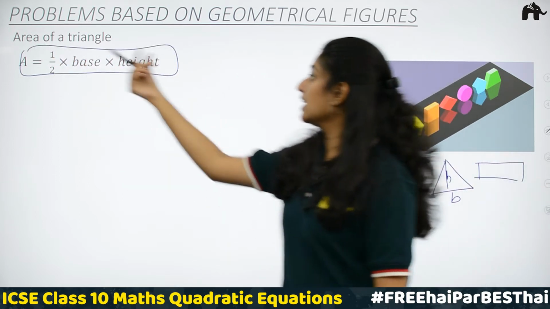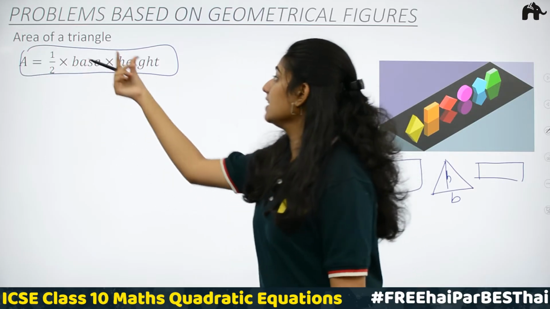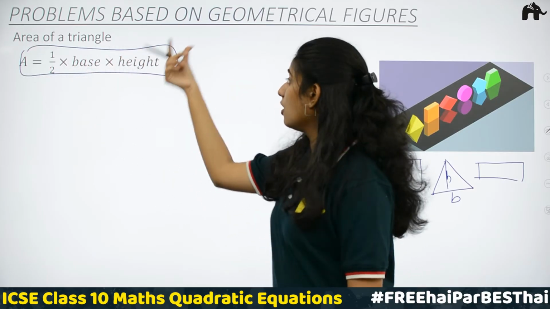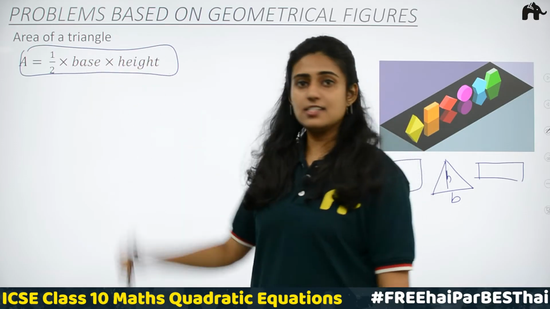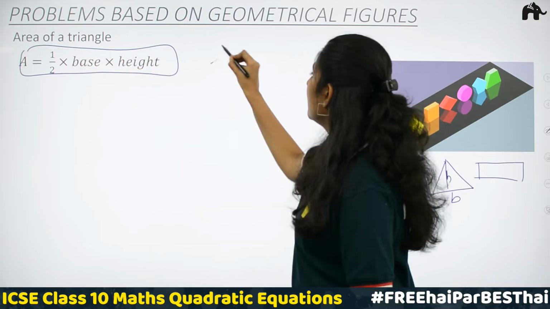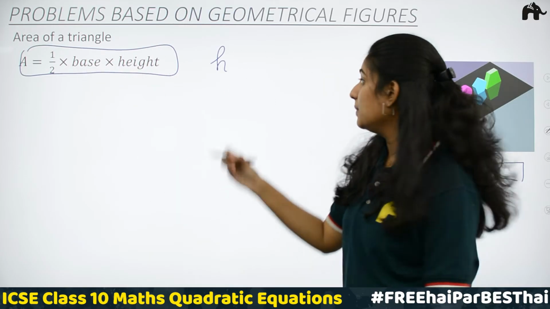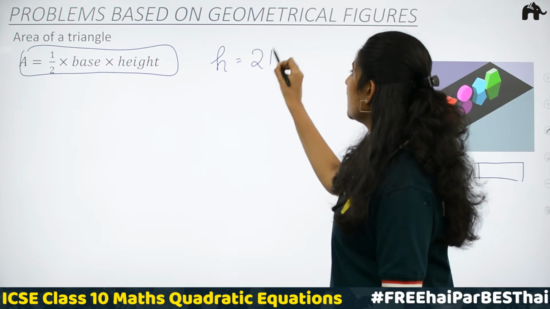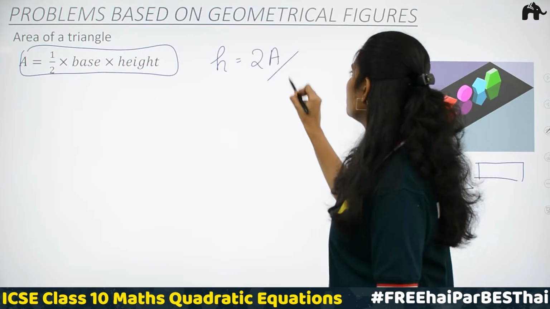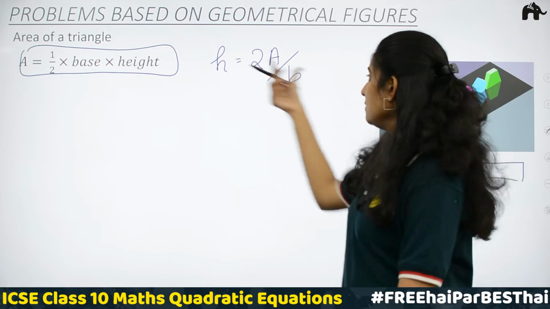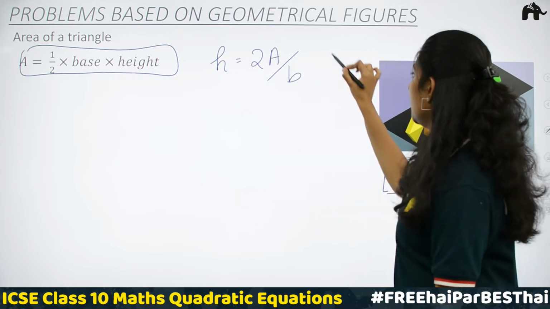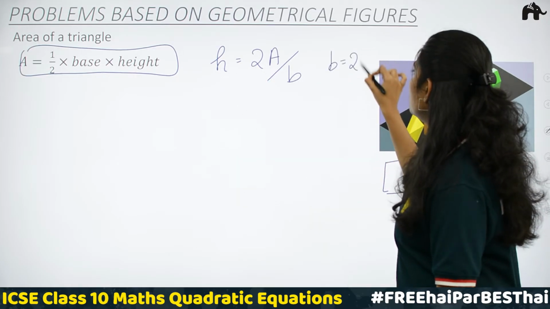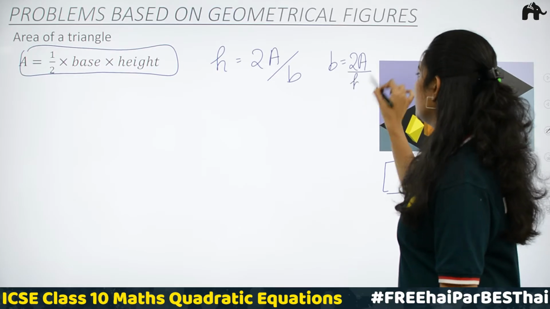If we are given the area and asked to find the base or the height, we can rearrange this equation, right? If we need to find the height, height will be equal to 2 times area divided by base. If it is base, base will be equal to 2 times area divided by height.